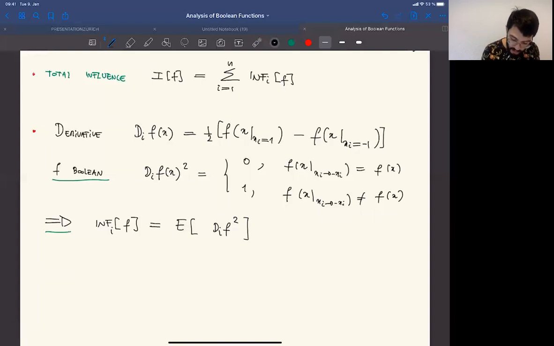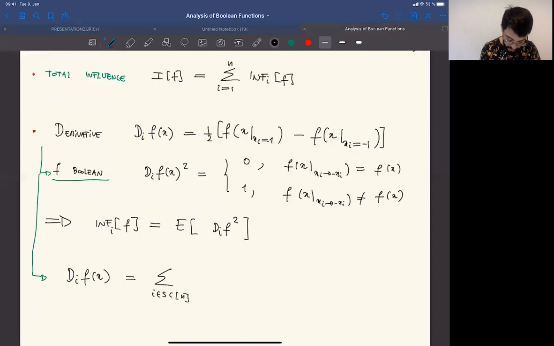But then what happens? Well, can we compute the Fourier expansion of the derivative? And the answer is yes. We leave that as an exercise, but it's not hard to compute. You would only take the summation over the sets that contain i, and then you remove that i from the set. As I said, this only depends on, it doesn't depend on x_i anymore.